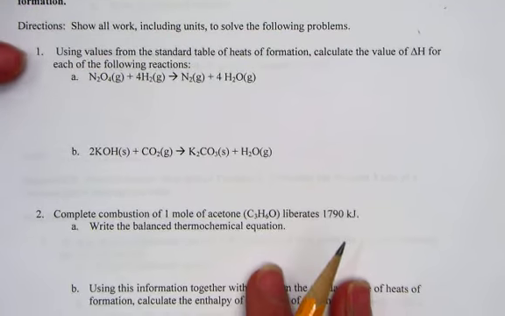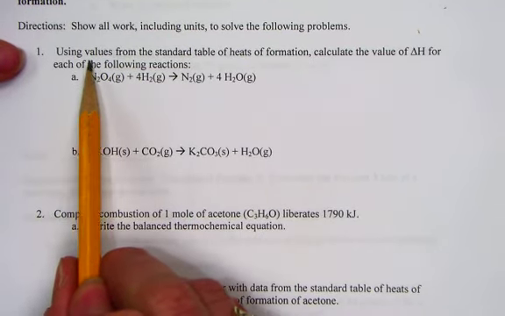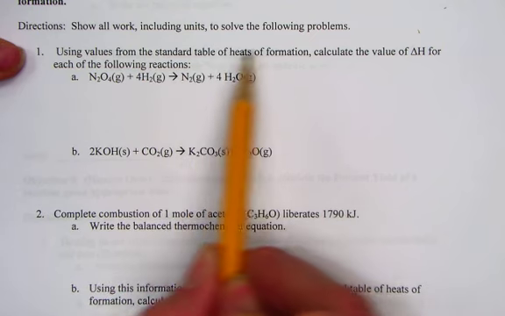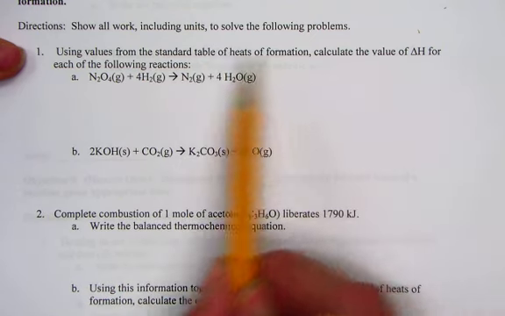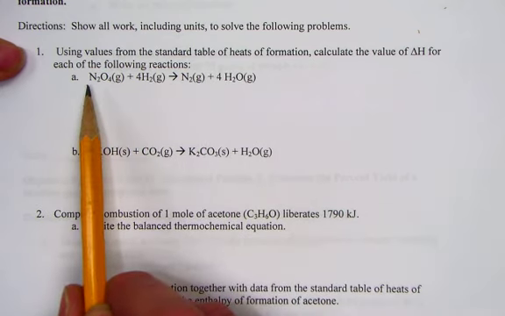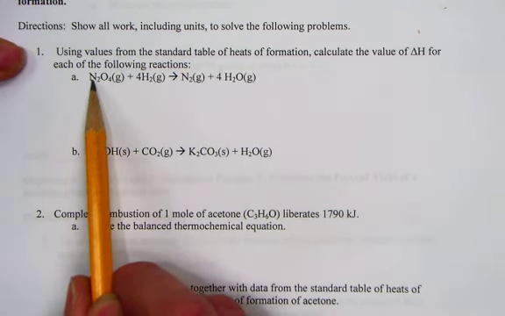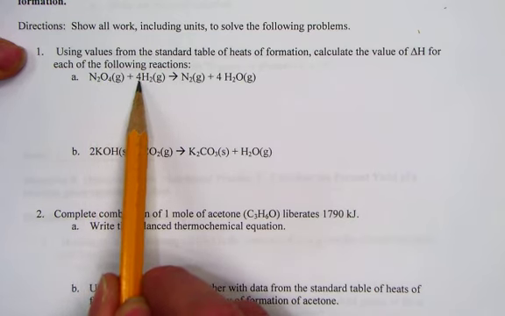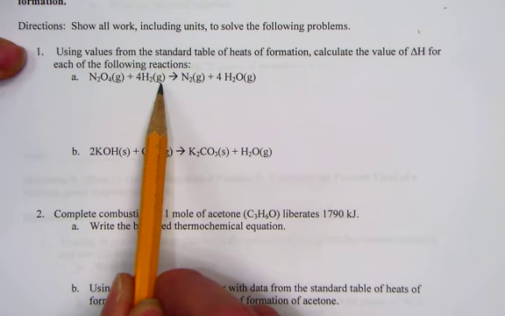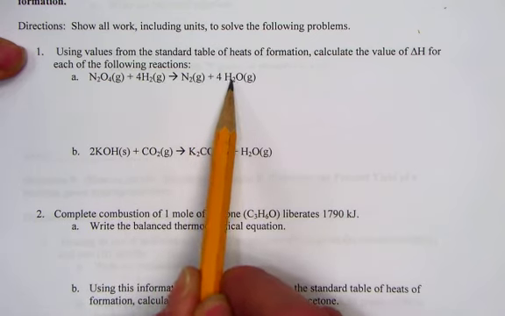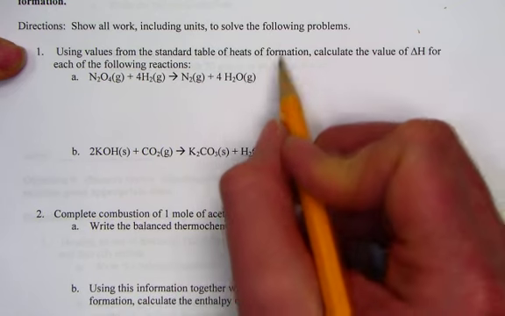In our first question, it reads, using the values from our standard table of heats of formation, let's calculate the delta H for each of the following reactions. The first one, letter A, has us finding N2O4 as a gas plus 4 units of H2 as a gas, forming N2 gas and 4 units of H2O gas.